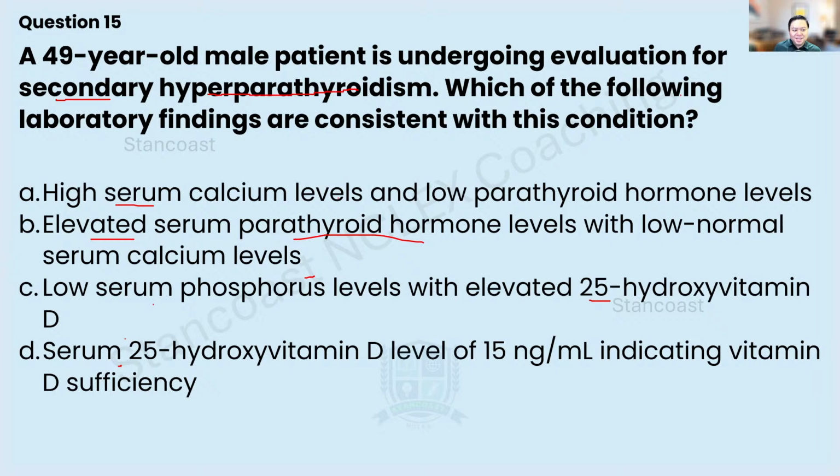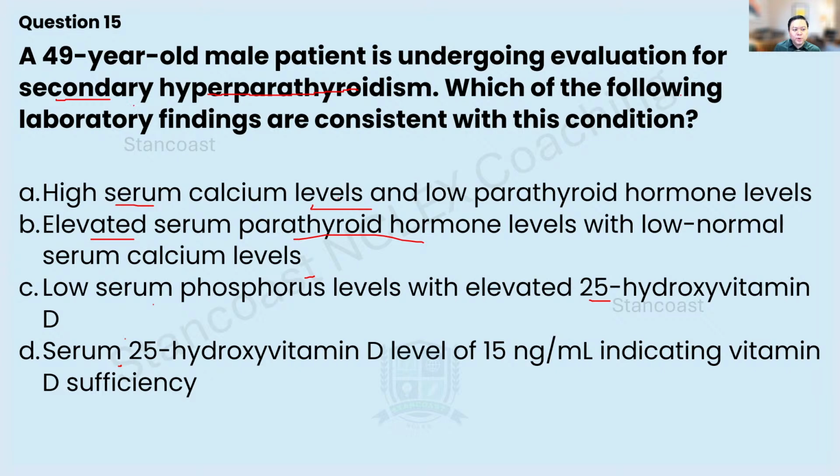If you answered letter A, high serum calcium levels and low parathyroid hormone levels, what do you think about that answer? Hang on a second here. Which of the following lab findings are consistent with this condition?